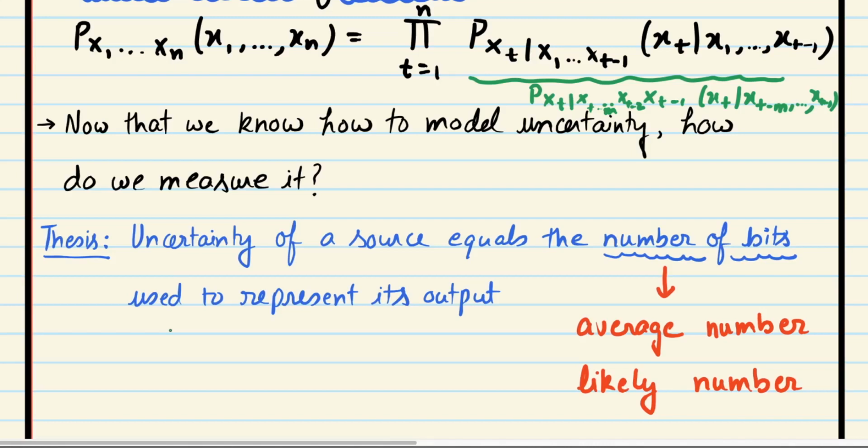So Google has to decide upfront how many bits to reserve for these answers. To be able to do that, it must be able to capture the uncertainty in the source in some quantitative way. And this is that quantitative way. We measure the uncertainty of a source by the number of bits used to represent it. It's the number of bits with which you can represent an unknown. That's the measure of uncertainty in that unknown.